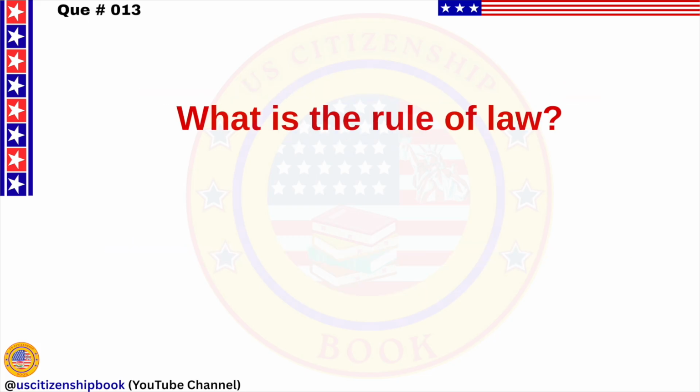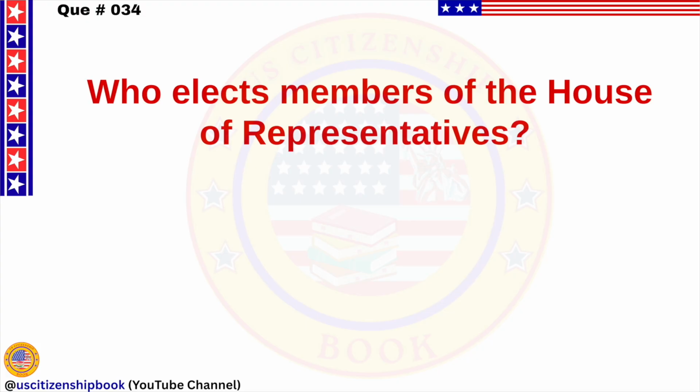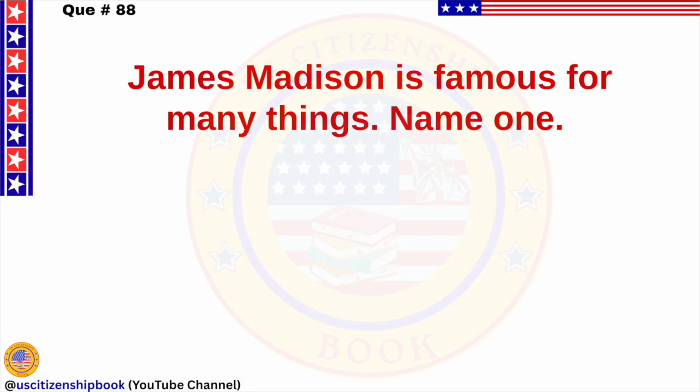What is the rule of law? Everyone must follow the law. Who elects members of the House of Representatives? Citizens from their congressional district. James Madison is famous for many things.